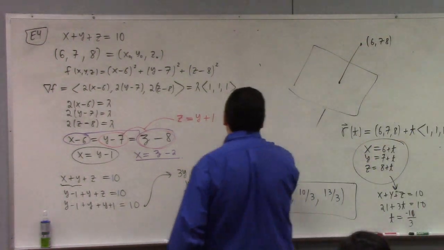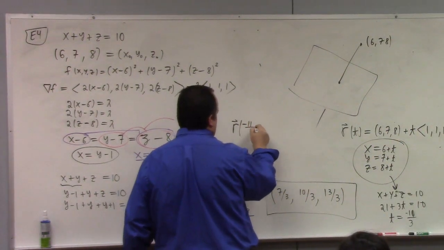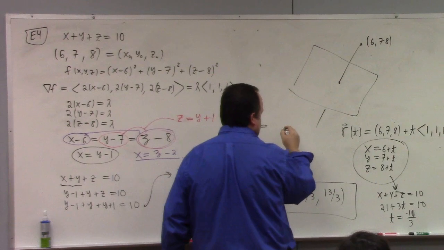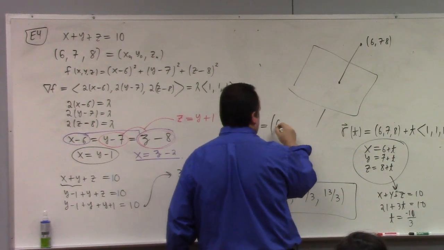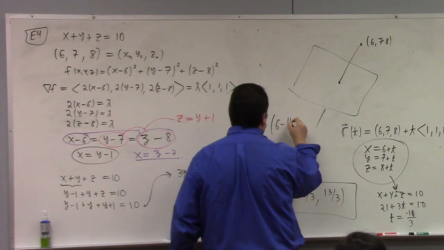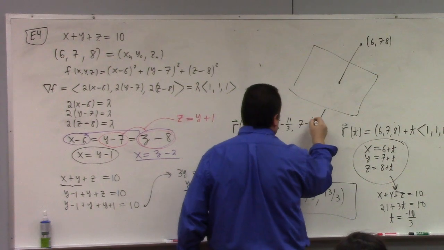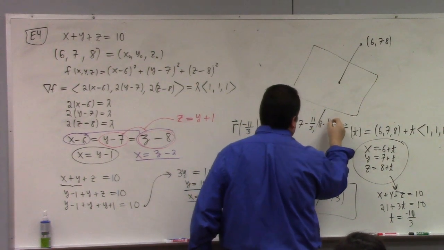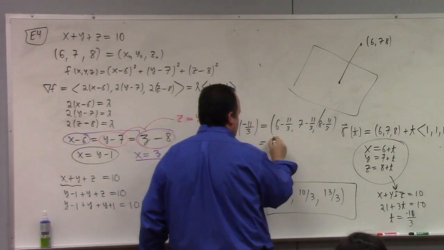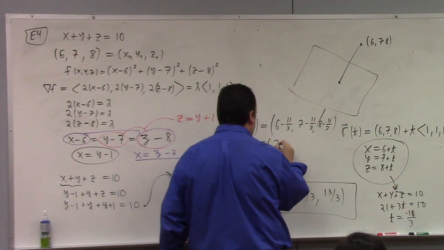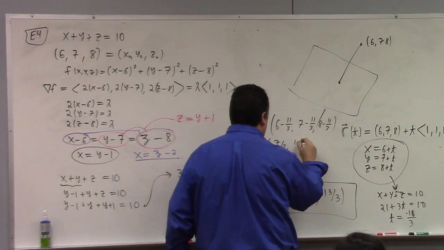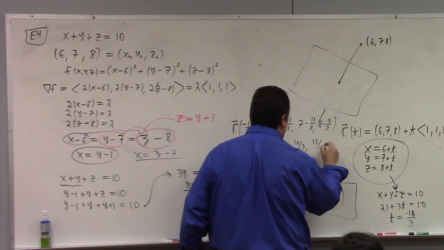Then if I plug in r of minus 11 over 3, I get 6 minus 11 over 3, 7 minus 11 over 3, 8 minus 11 over 3, which is equal to what? Well, it better be equal to 7 thirds, 10 thirds, 13 thirds, otherwise I did something wrong.